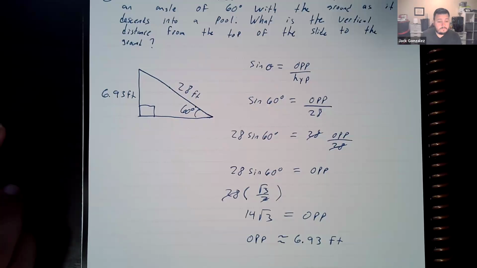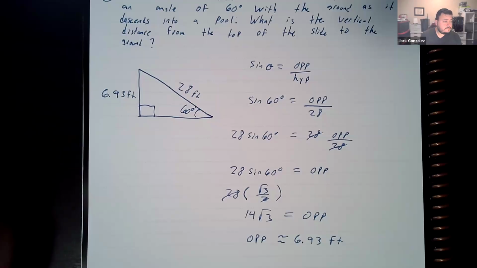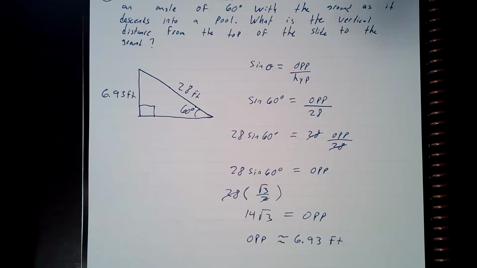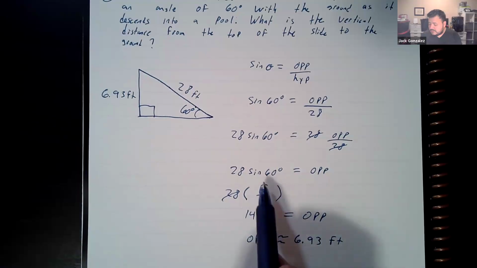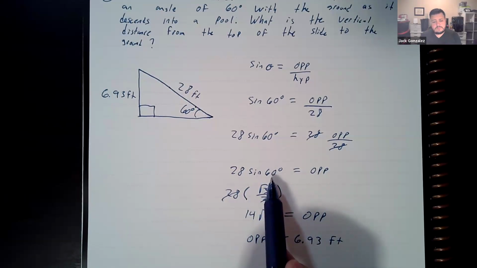Any questions on 6? Yes. How did you get the square root of 3 over 2 for the sine of 60? That's just on your unit circle. Go to 60 degrees and choose the y value.